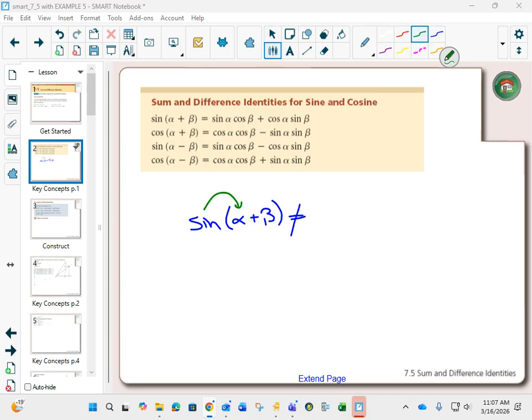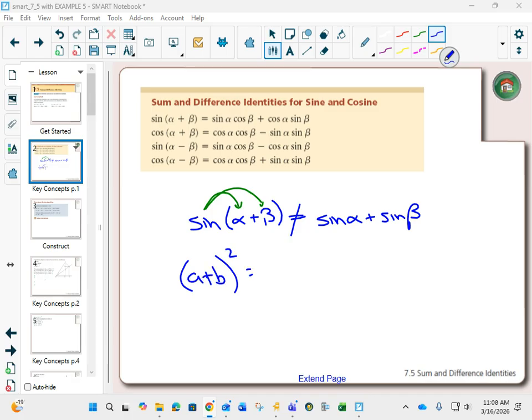This is not allowed. You're going to be tempted to want to do this. You're going to want to distribute, but we can only distribute numbers or variables because variables represent numbers. Sine is a function. Just like you can't distribute a square root.